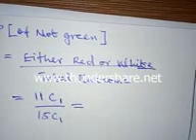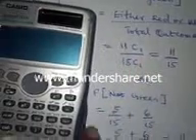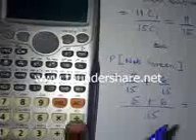Then from there you enter 1. So let me take it again. I want to say 11 choose 1. So it's 1, 1. Then you go to shift, then you come to division. You will get C being displayed on the calculator. When you see the C, then you enter 1.